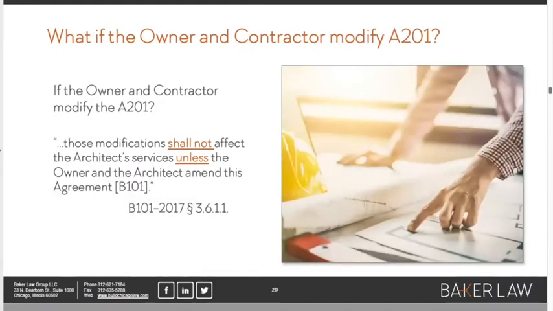Some of you are probably thinking, well, wait a minute. What happens if the owner hires the architect, they sign a B101 standard owner architect agreement, and they wait 9 months or a year until the bidding happens and a contractor emerges as the winner? And what happens if the owner and the contractor at that time modify the A201 general conditions, right?